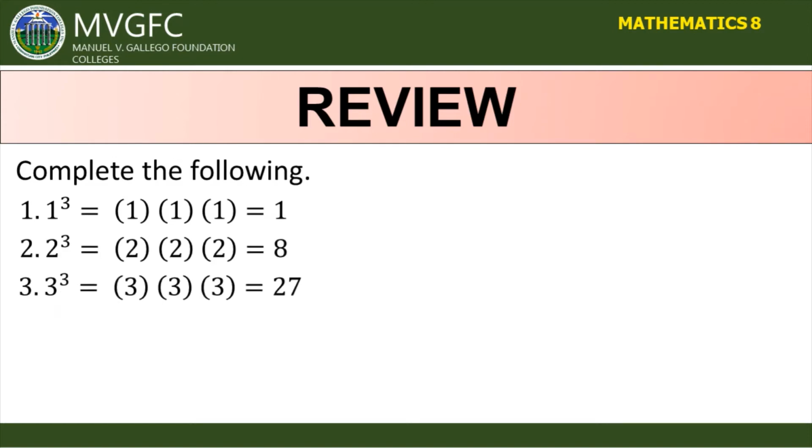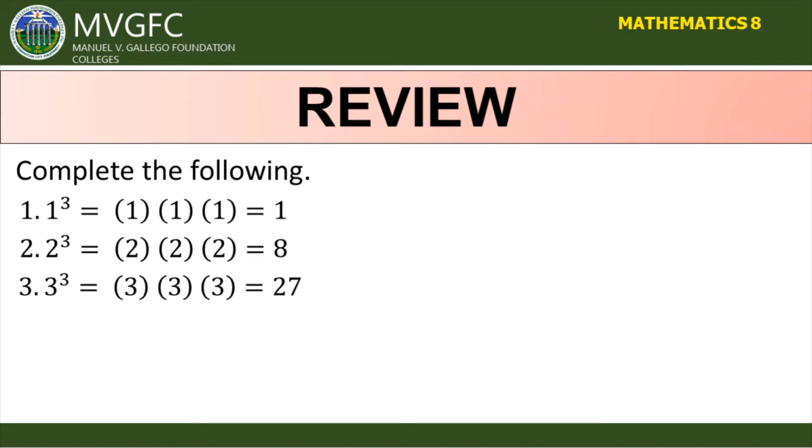As you can see on the screen, we have 1 cube, 2 cube, and 3 cube. 1 cube is simply equal to 1 times 1 times 1, which is equal to 1. Then we have 2 cube. The exponent is 3, so you need to multiply 2 by itself 3 times. So 2 times 2 times 2 is equal to 8. Same goes with number 3. 3 cube is equal to 3 times 3 times 3, which is equal to 27.